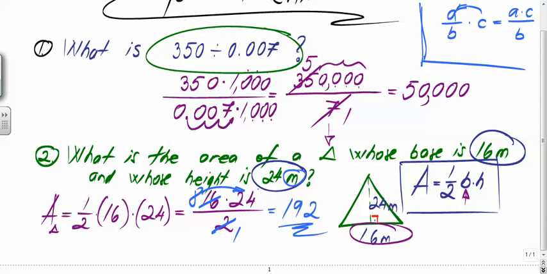And now make sure you're not forgetting about the unit, because here you have meters times meters, right? That will give you squared meters. And this is the answer to this problem. It will be 192 squared meters.